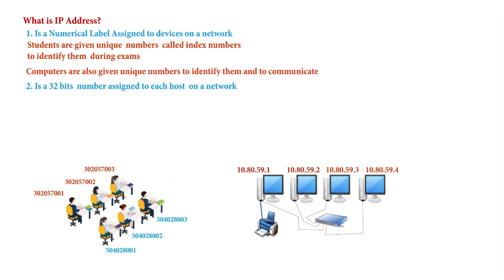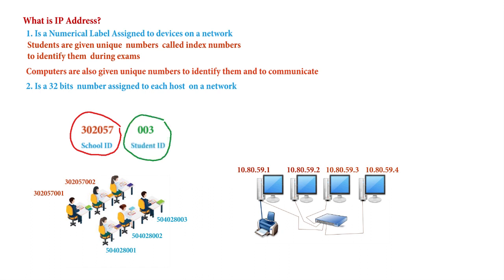Now, going further, when we take a student's index number, we can split it apart. We can have the school's ID or number, indicating the center or school that such student attends. Again, we can have the part that identifies the student as he or she sits for the examination. Applying the same analogy here, IP addresses can also be grouped into parts according to their versions and classes.